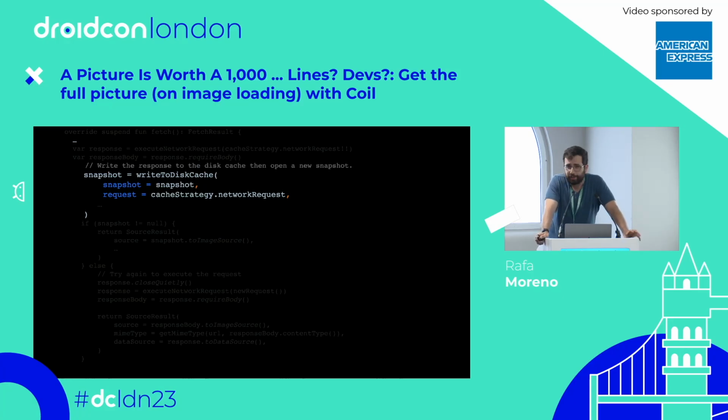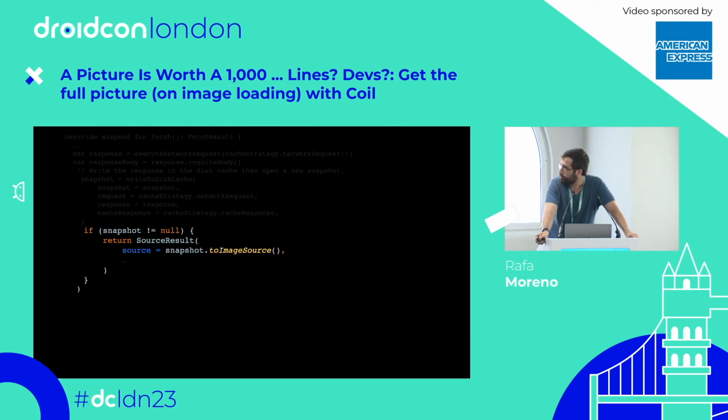If for whatever reason we can't write to the disk cache, and this can happen for various reasons, you might have cache headers defined by the backend that say you can't cache this. You might have made your cache read-only and you can't write to it. There's various reasons why you might not be able to read or write this into the cache.